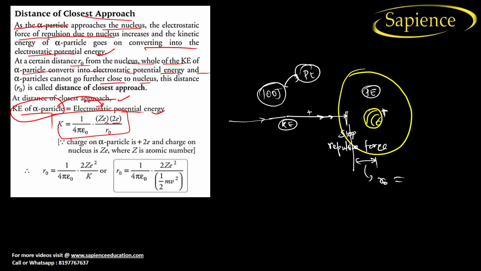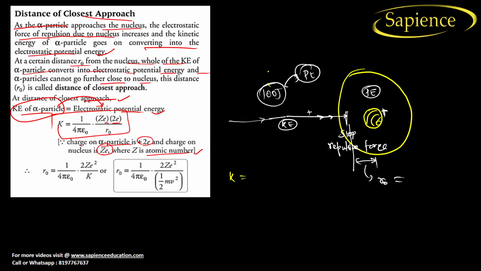The charge of an alpha particle is plus 2e, and the charge on the nucleus is Ze, where Z is the atomic number.